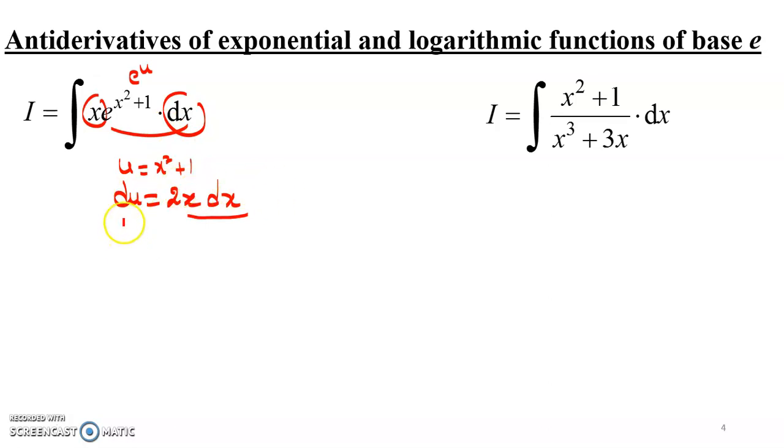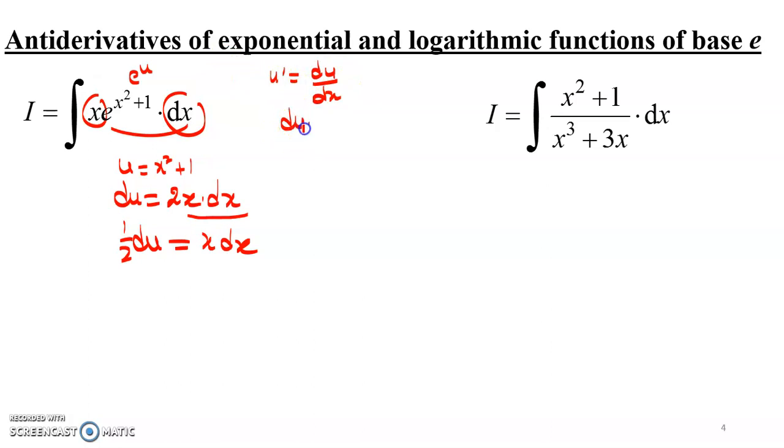So here, dividing both sides by 2, I could end up with half du equals x times dx. Now, I'd like to remind again the importance of the differential here, because whenever you have u prime, it is in fact du over dx according to Newton's notation of the derivative.